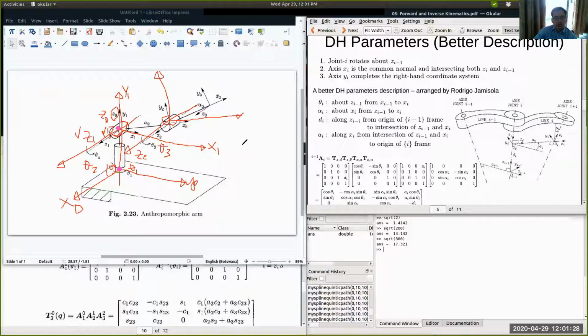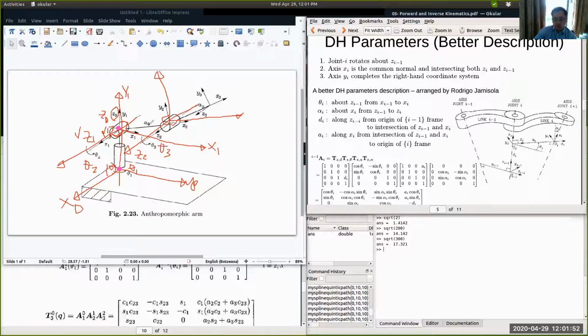But where is it? This is X2, yeah? It has to be normal to Z1 as well. Where is Z1? Z1 is this. Is this normal to Z1? Yes, this is normal to Z1. Is this axis normal to Z1?